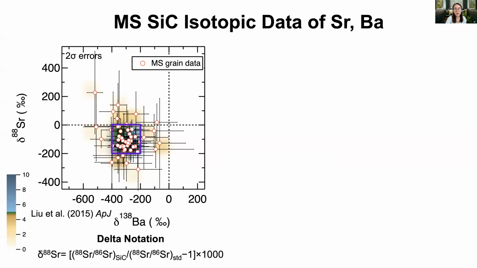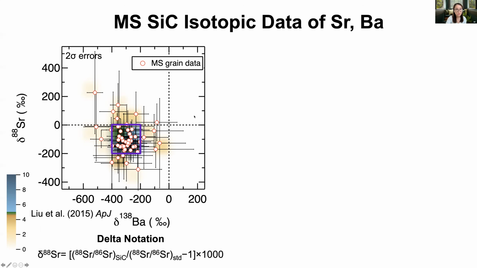Although it would also be ideal to measure lead isotopes, lead is a volatile element, which means its concentrations in presolar silicon carbide grains are extremely low, and the low abundances make such measurements very challenging. So the data shown here are delta values, and delta values are defined as the ratio measured in the grain divided by the solar system value, minus one, and then magnified by a factor of 1,000.